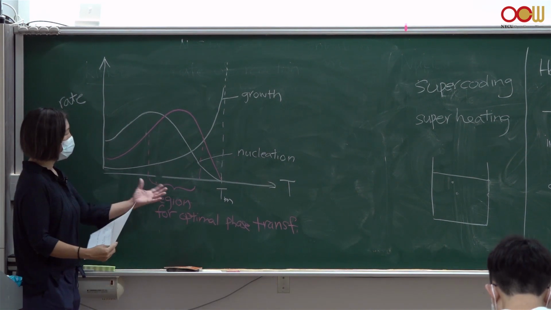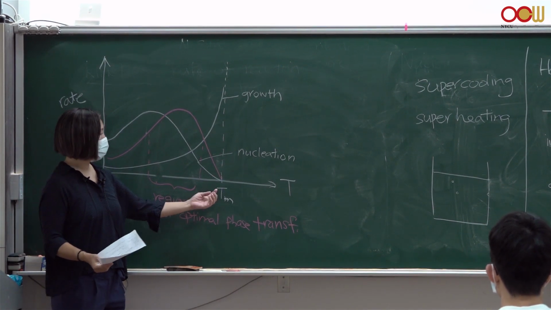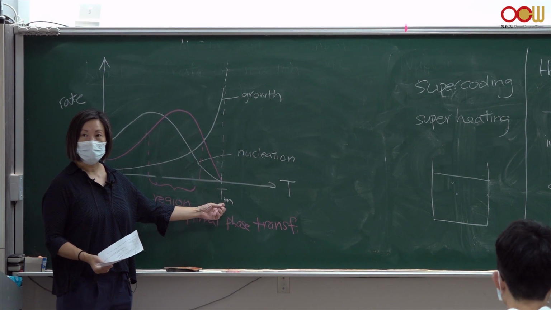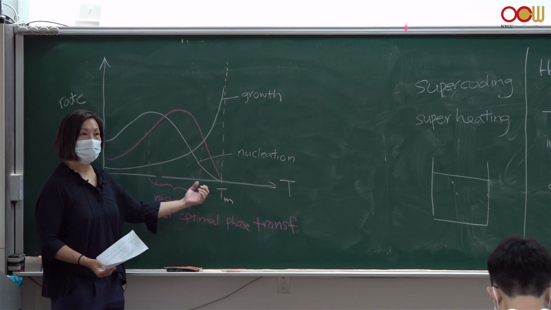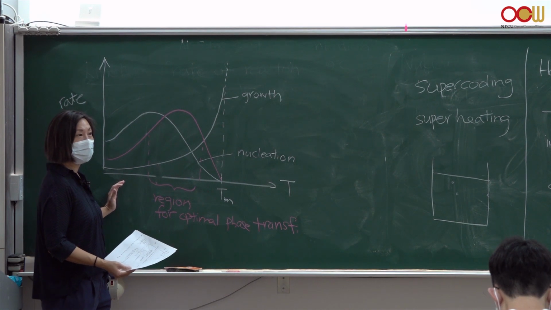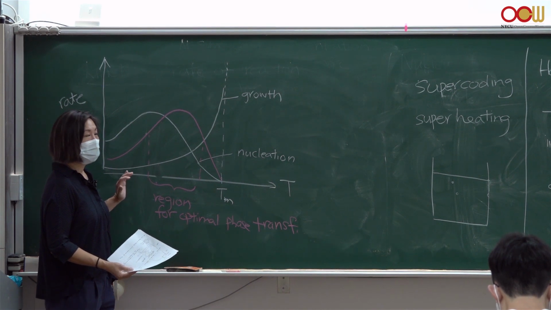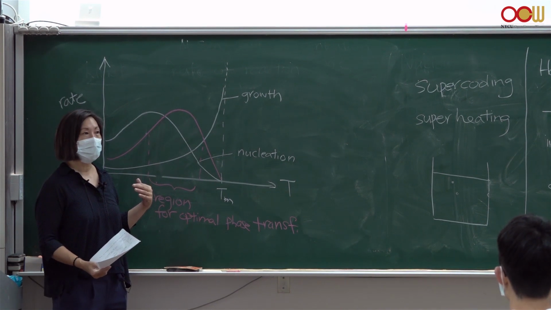So you're going to have a region for optimal phase transformation. It's not going to be right at the melting temperature. It'll be slightly below to accommodate for the activation energy that's required. And it's not going to be too low, because it is going to require some temperature for diffusion to occur.